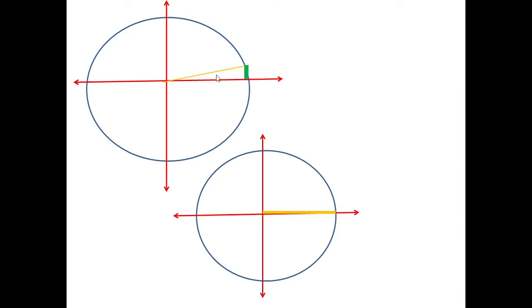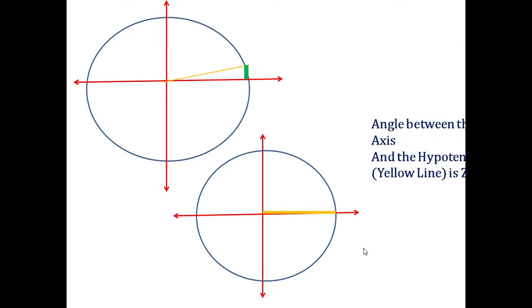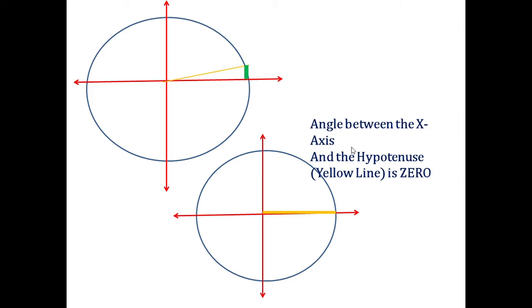Now if we bring it to 0 degree, because gradually we were decreasing the angle theta, the angle between this radius and this x-axis, now we have brought it to the x-axis. That means here in this case, the angle between the x-axis and the hypotenuse, that is the yellow line, is 0.